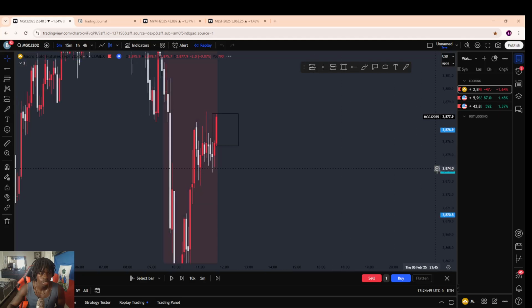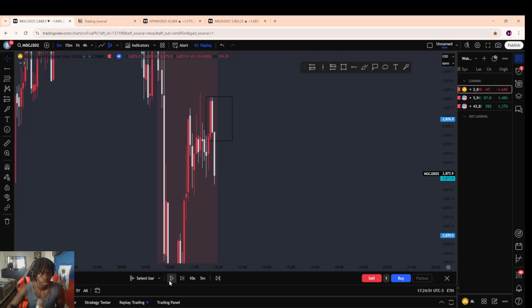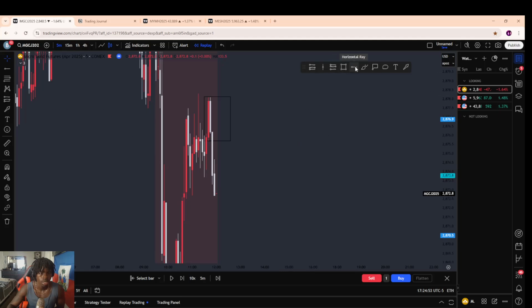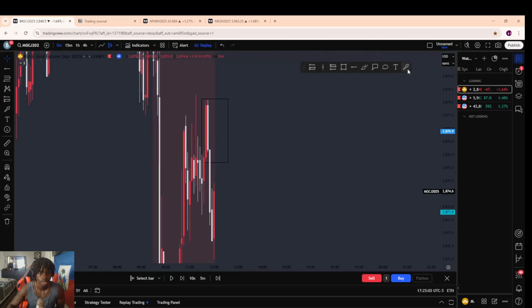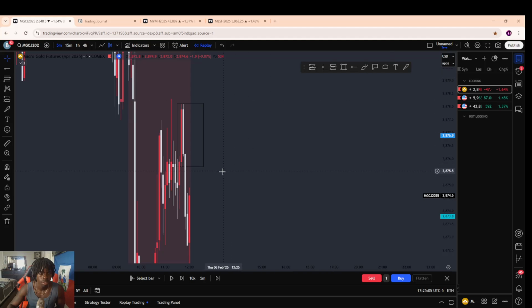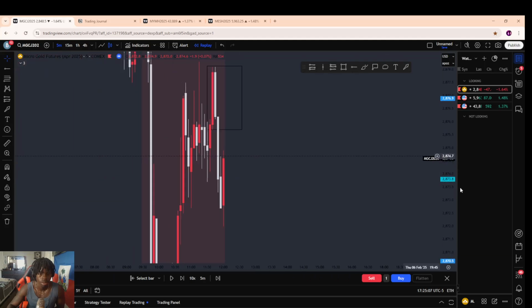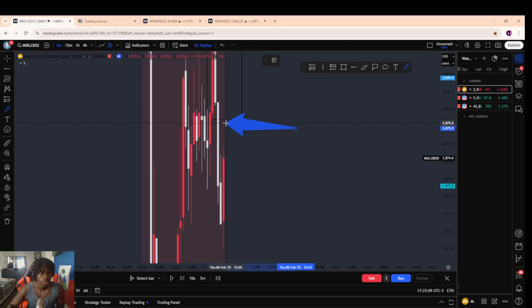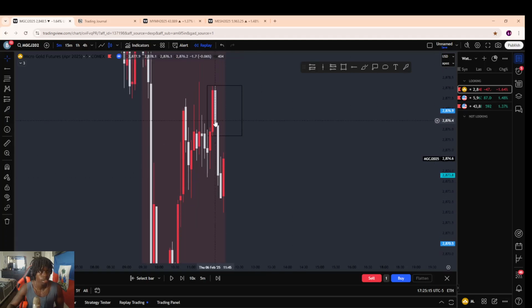First, I saw that we had this minor breaker structure right here, this minor breaker structure and this minor breaker structure, and we had a gap as well. As you can see, the gap is from right here to right there. The gap has to get filled, so I waited for price to come back.